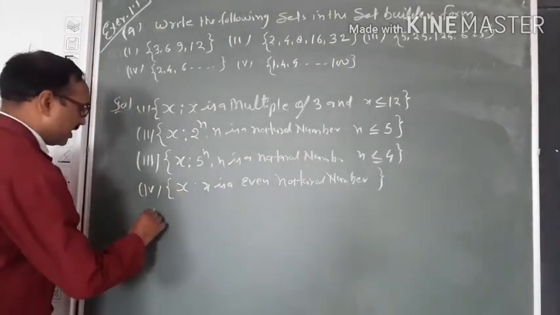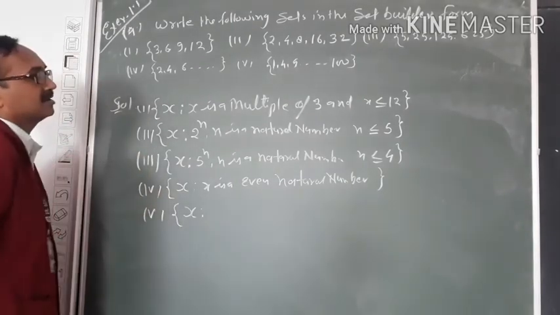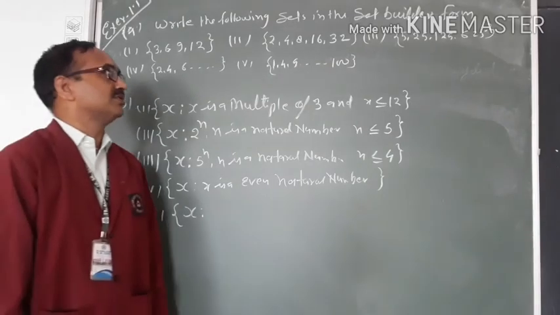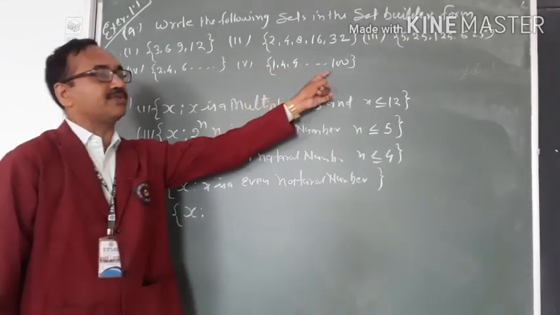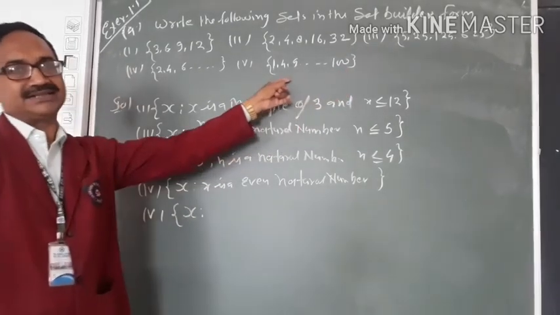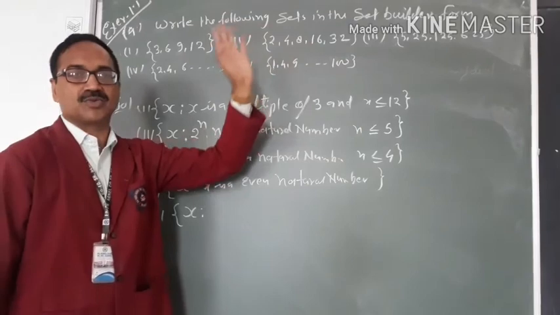Now come to the fifth part. X such that 1, 4, 9 up to 100. So these are the squares of the natural numbers less than or equal to 10. 1 squared is 1, 2 squared is 4, 3 squared is 9, and 10 squared is 100.